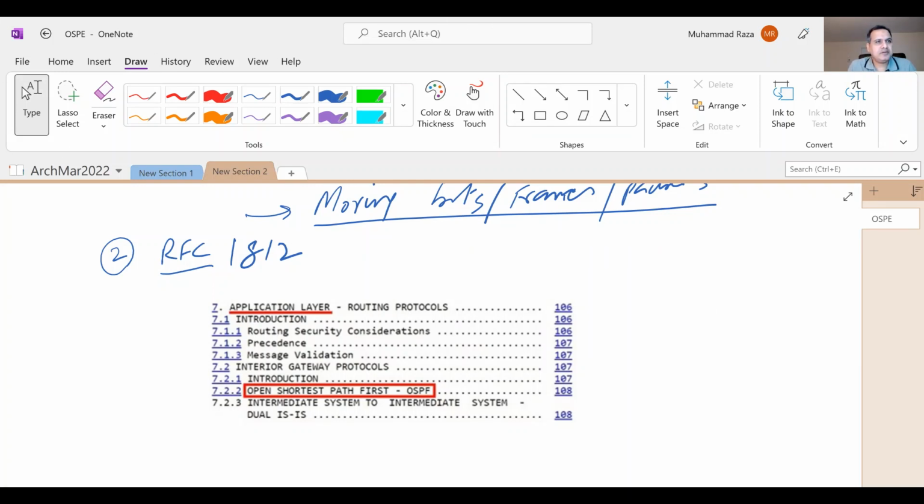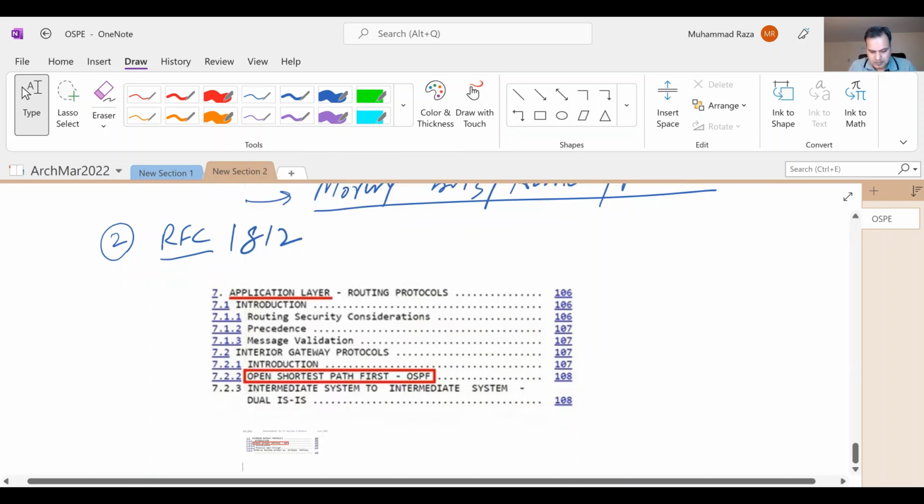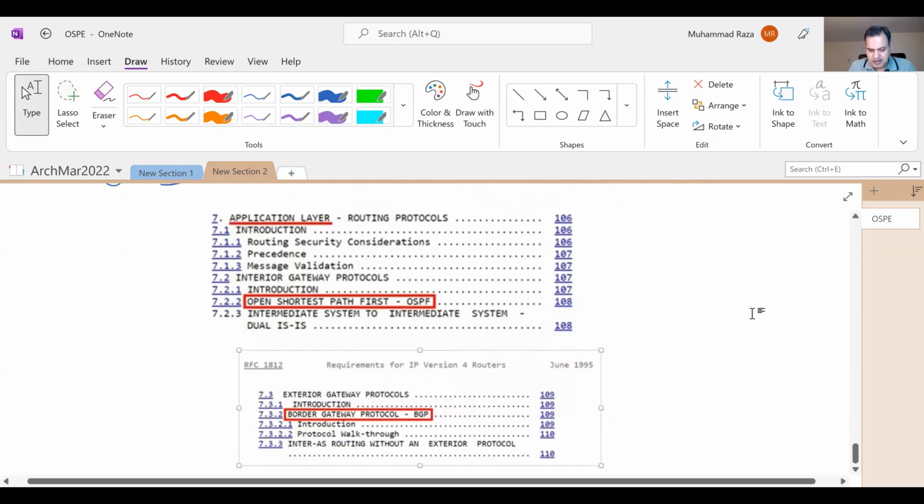Let me give you another screenshot of part of this index. So this is evidence number 2.